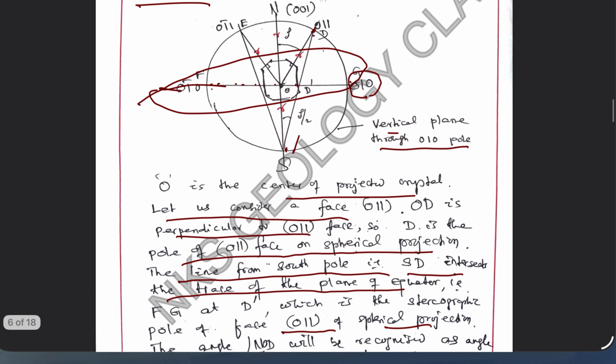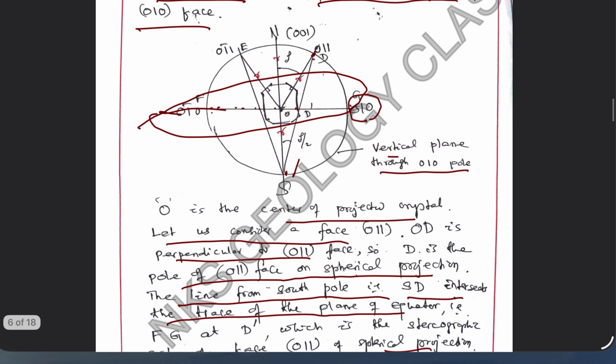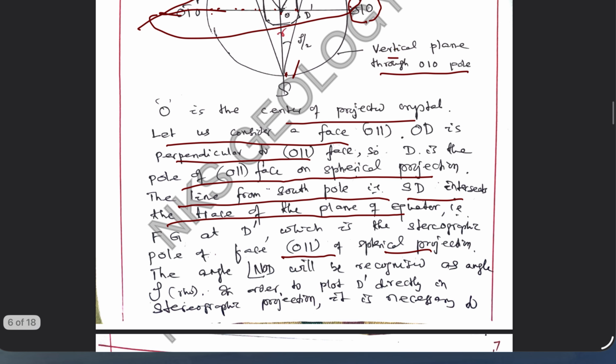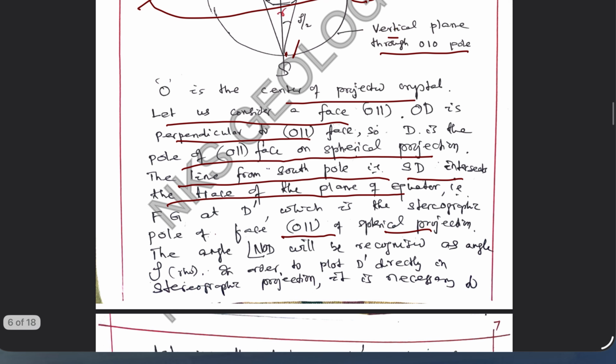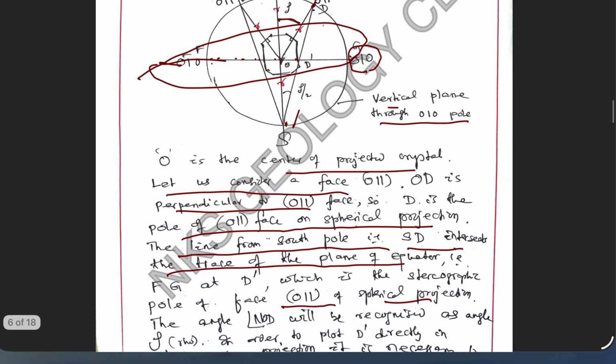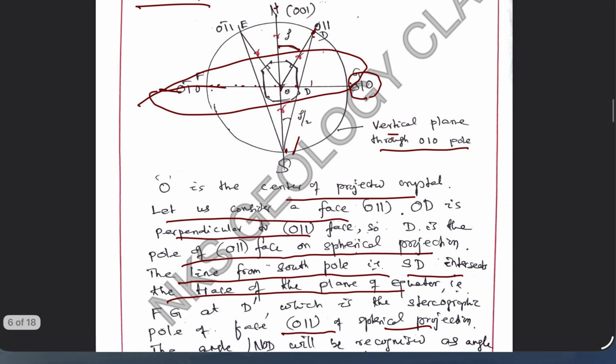The angle NOD, with N the north pole, is called rho. In order to plot D dash directly in the stereographic projection, it is necessary to determine the distance OD dash. This distance we have to measure.